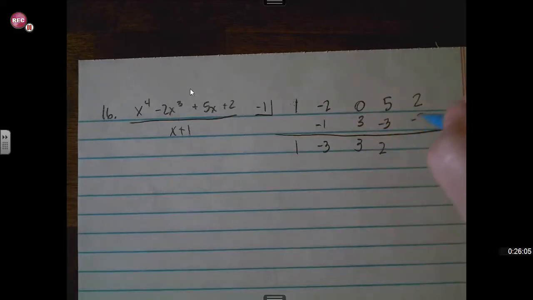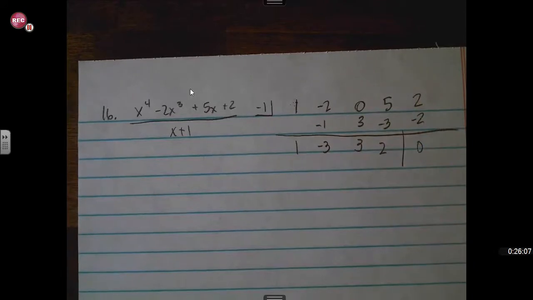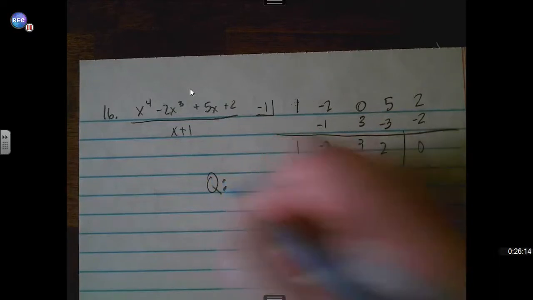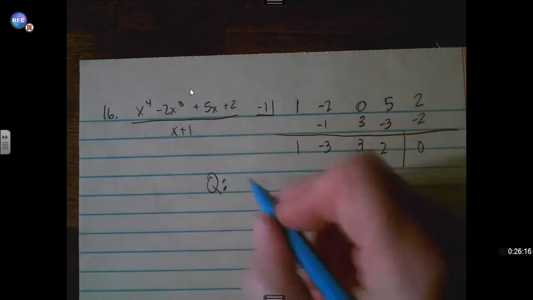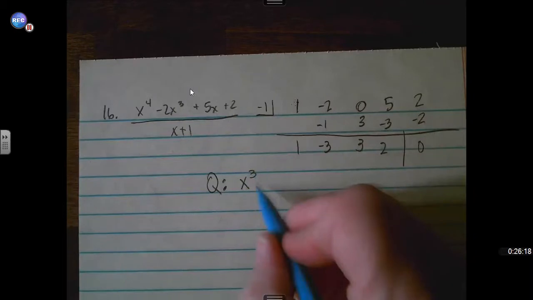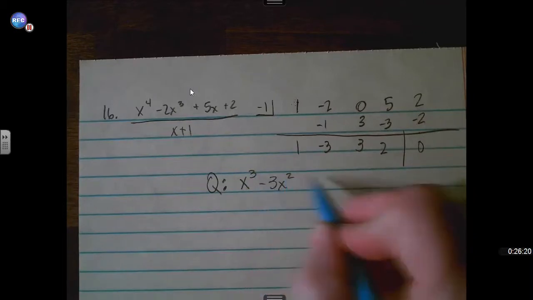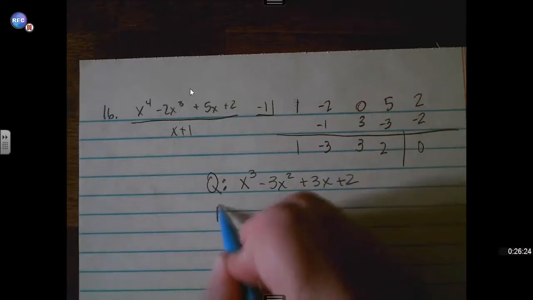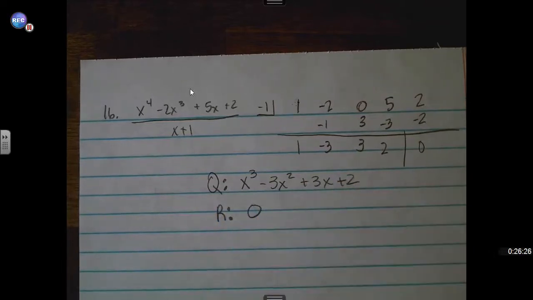Oh, wow. Remainder 0. Wonder if I did that on purpose. So the quotient is, this was x to the fourth, so x cubed minus 3x squared plus 3x plus 2, and the remainder is 0.